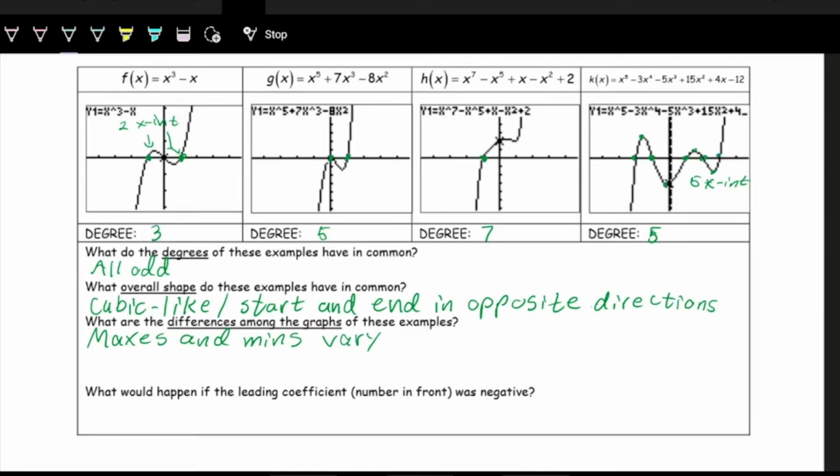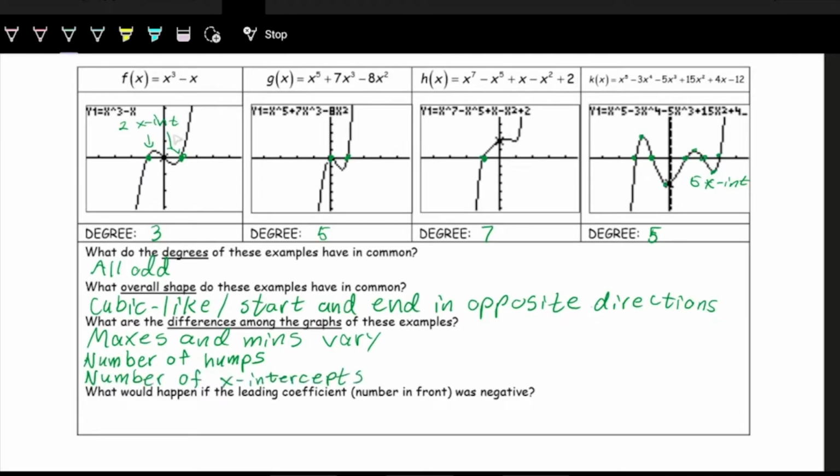And so they all vary in those x-intercepts, and they all vary in the maxes and mins and how many maxes and mins they have. So you can think of it also as the number of bumps or hills, valleys, number of swoops, number of humps. And then also, like we just talked about, the number of x-intercepts also vary.